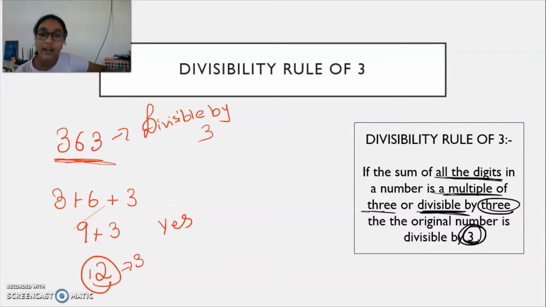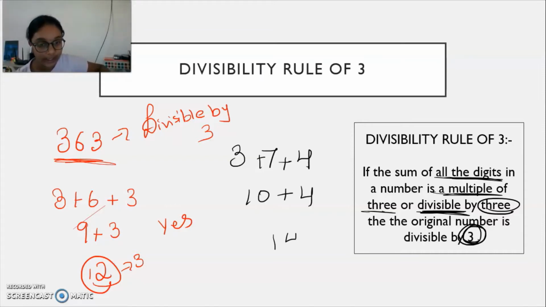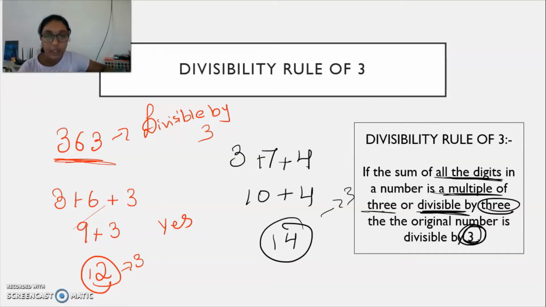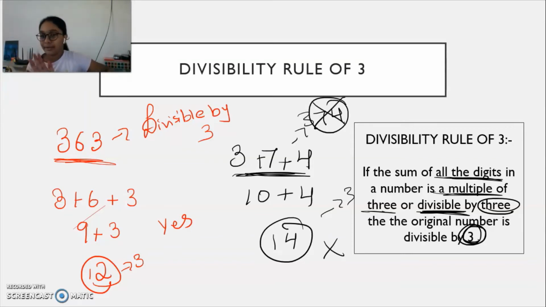Another example is 374. Let's add all of these: 3 plus 7 is 10, plus 4 is 14. Is 14 a multiple of 3? No. So 374, this original number, is not divisible by 3.